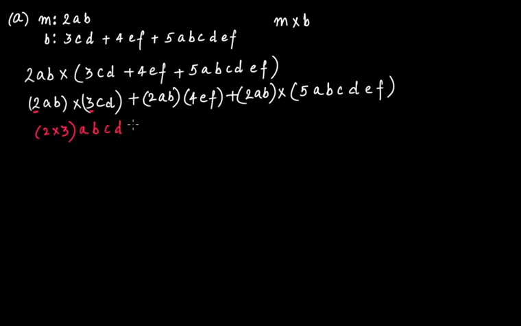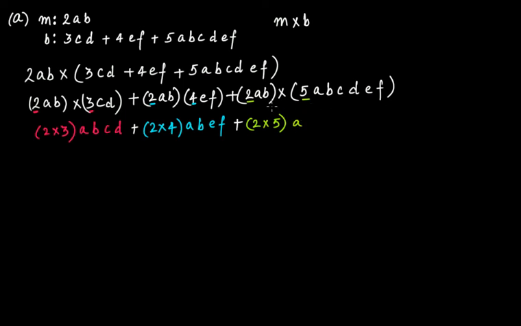Then plus, here you have this 2 and this 4, so 2 multiplied by 4, then a multiplied by b multiplied by e multiplied by f. This plus sign, here you have 2, here you have 5, so 2 multiplied by 5 multiplied by a.